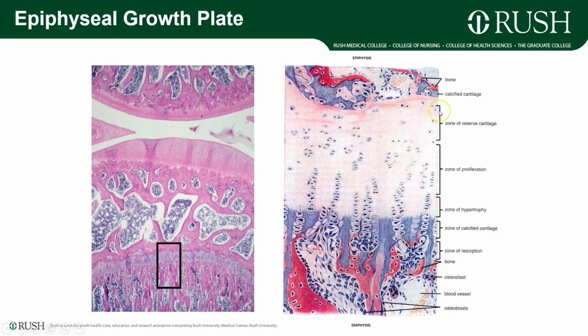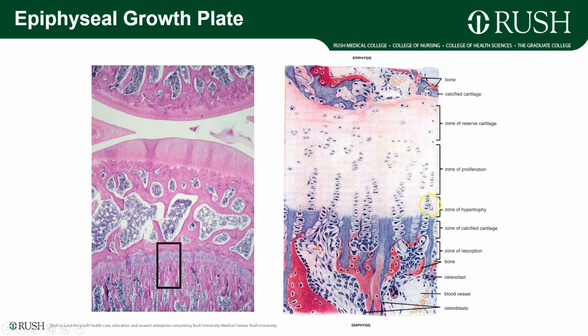Within this you have a zone which is referred to as the zone of reserve cartilage. That is where cells are resting and waiting for a signal to proliferate, and they end up in this proliferative zone, or zone of proliferation, which is easily identified by these multiple cells adjacent to each other forming columns.